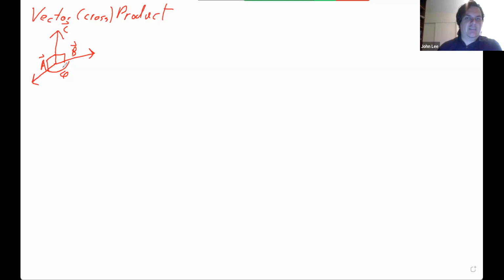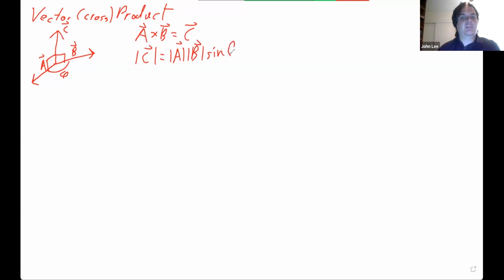The way that they define this in the book is that A cross B is some vector C, and the magnitude of C is the magnitude of A, B, sine the angle between them. So if the dot product is a measurement of how well these two vectors align, the cross product is a measurement of how perpendicular they are to each other.